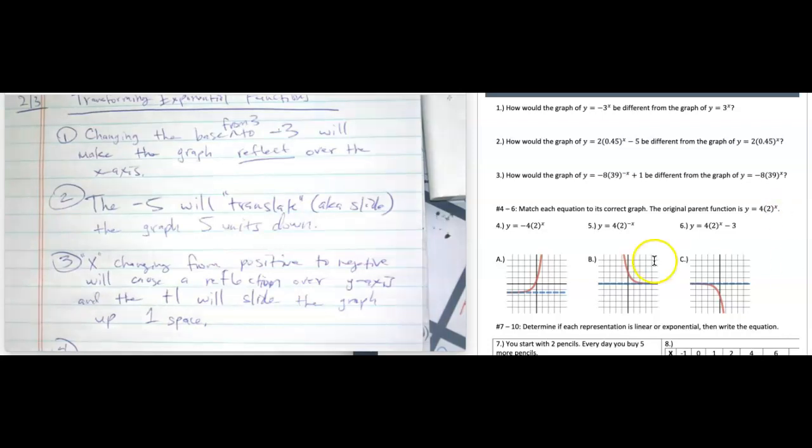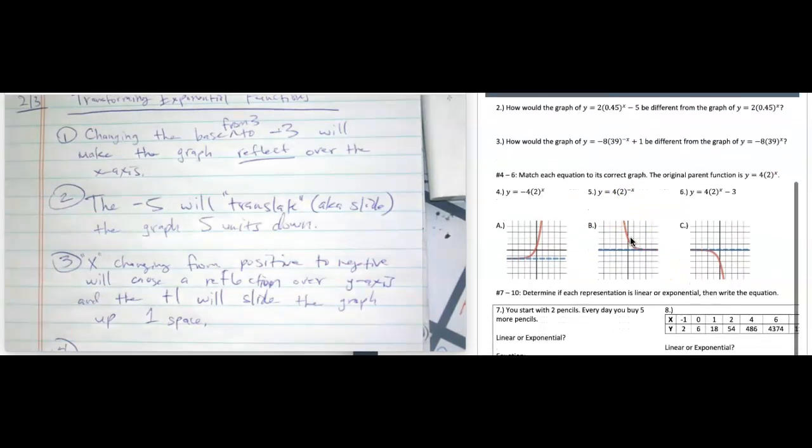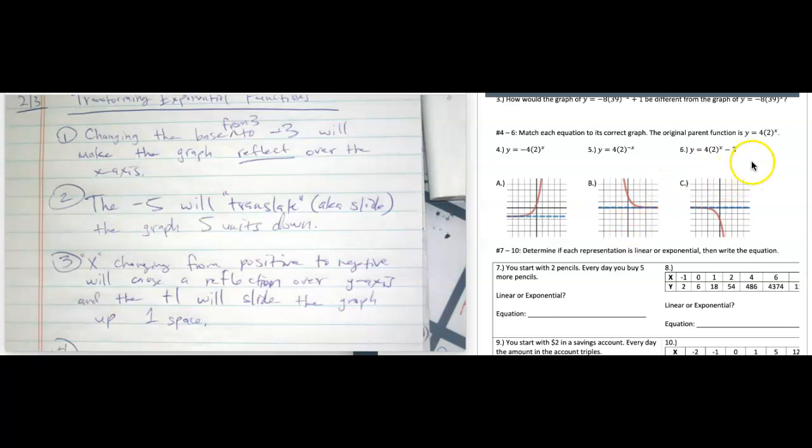Moving along to number 4, match each equation to its correct graph. The original parent function is y equals 4 times 2 to the x power. Okay, guys, so original 4 times 2 to the x. This number 4 has, instead of having a positive 4, a negative 4. Remember, that is going to be a reflection over the x-axis.